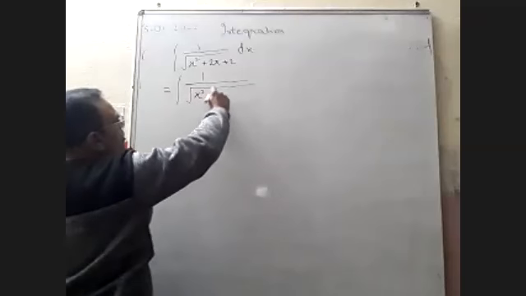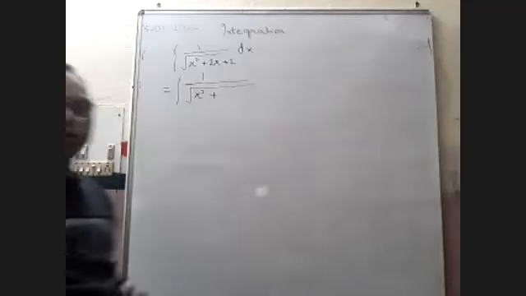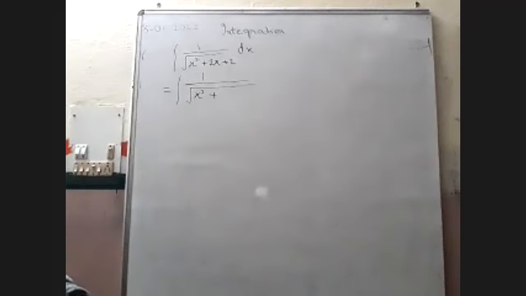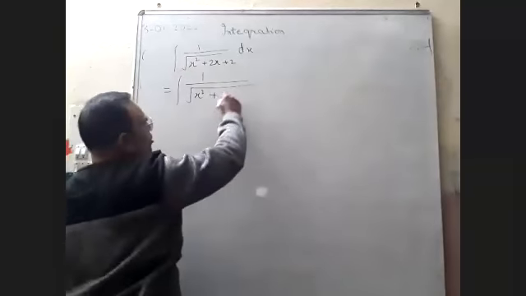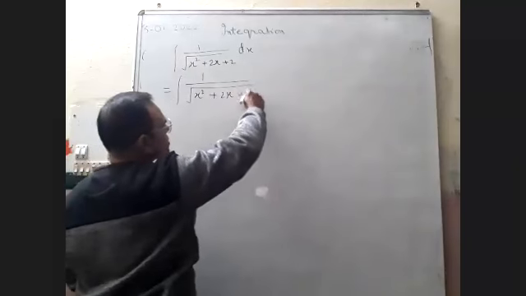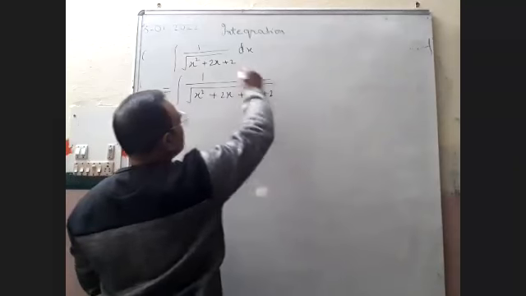Just see, the coefficient of x is 2. Whatever the coefficient of x, you have to divide by 2 only. You will get 1. So the square of 1 you will add and the square of 1 you will subtract. Just remember this one.